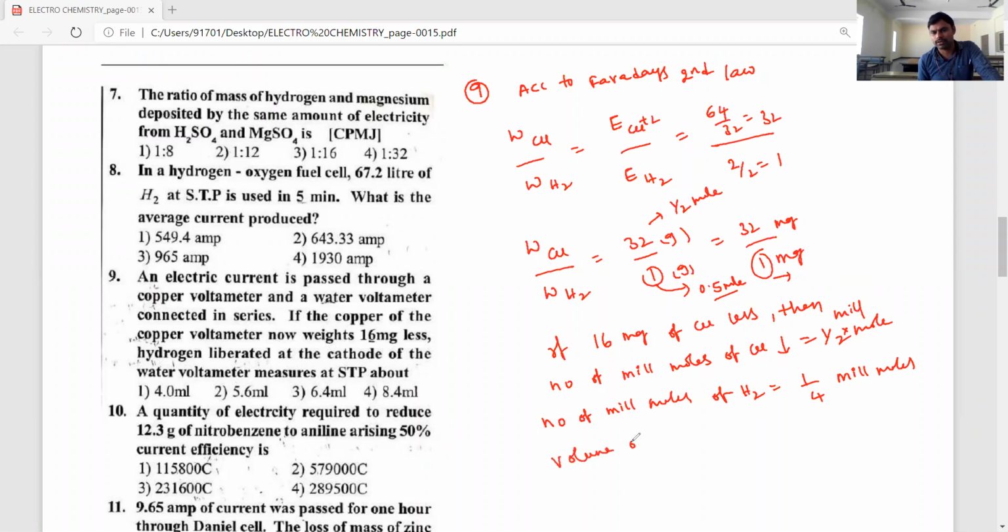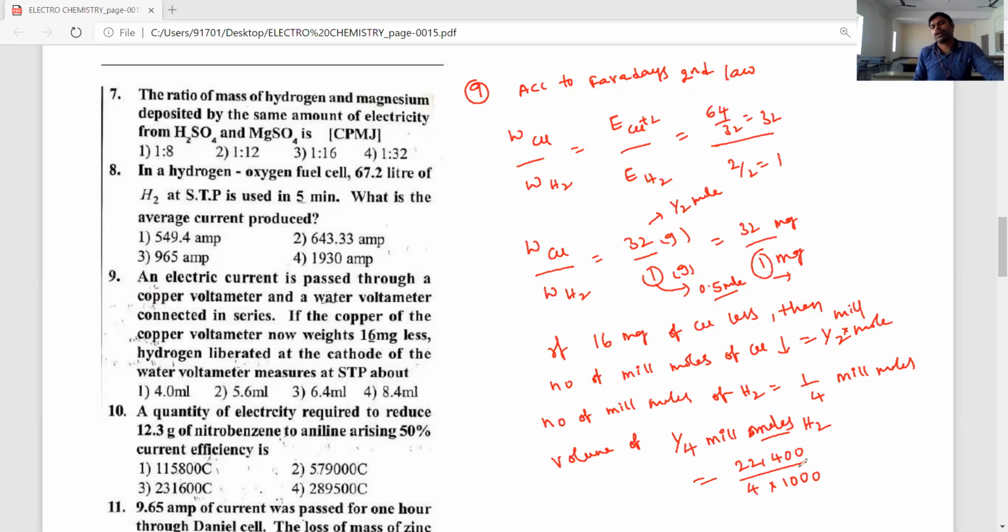The volume of 1 by 4 millimoles of H2 is equal to 22,400 ml by 4 into 1000, because 1 millimole is equal to moles divided by 1000.